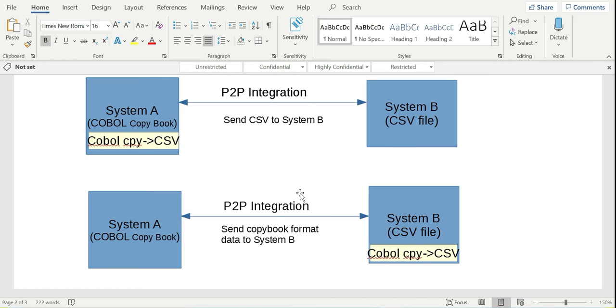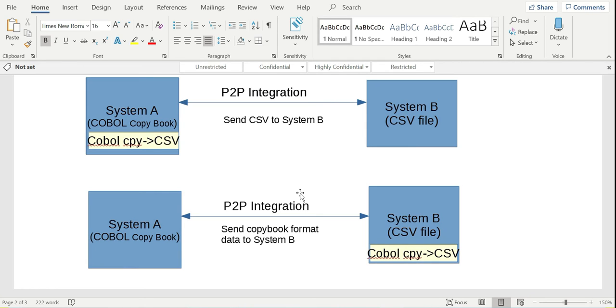Okay, so in point-to-point integration, to communicate from system A to system B, either system A or system B has to install a module inside its own application that will convert to the required target structure and send it to the target.